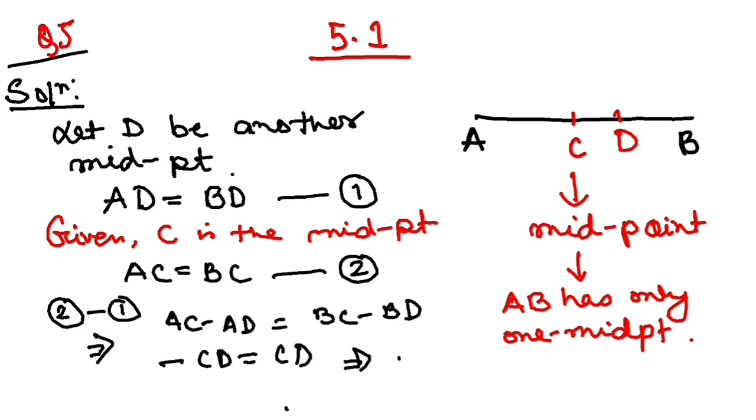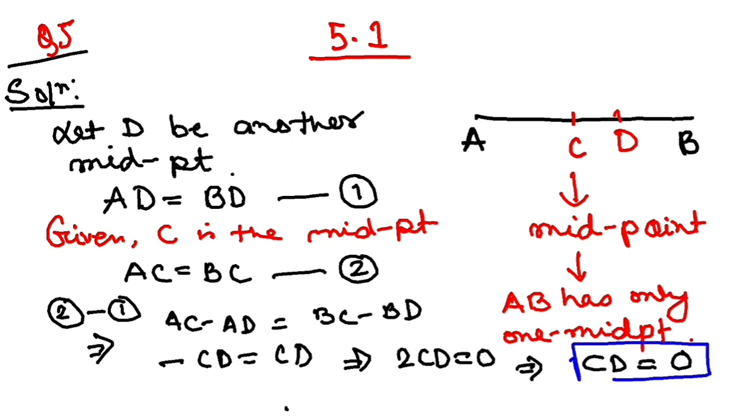This will give you 2CD equal to 0, and this will give you finally CD equal to 0, right? Now CD equal to 0, what does this mean? This is 0. What does it mean? This means that the C and D are basically the same point.